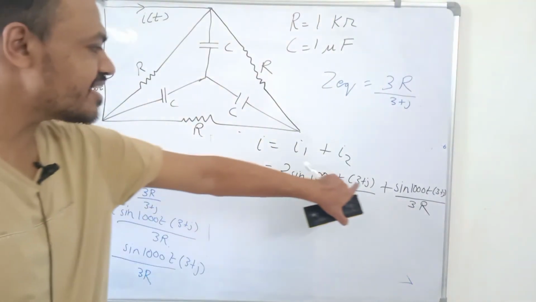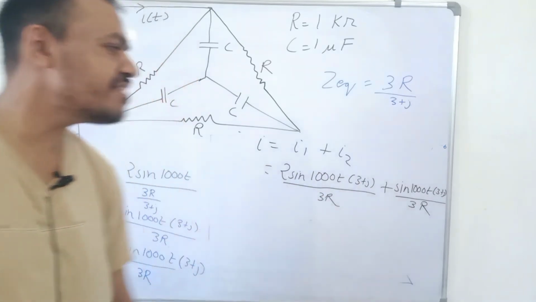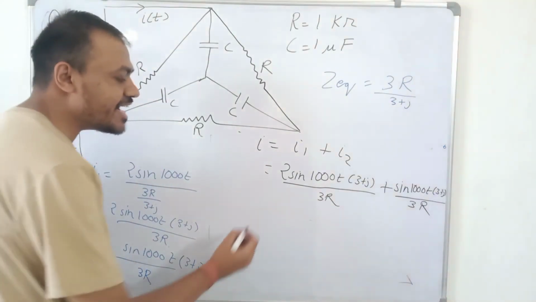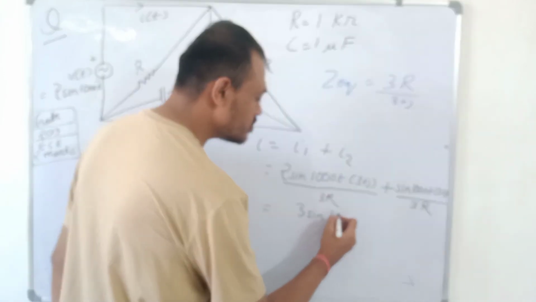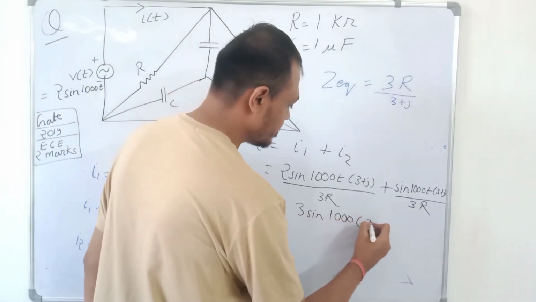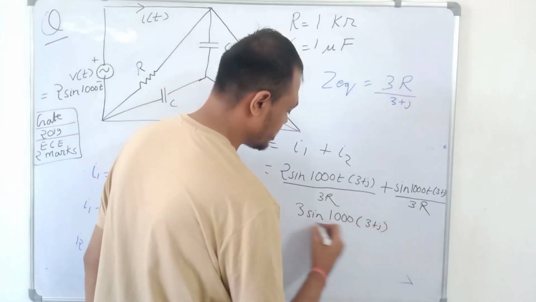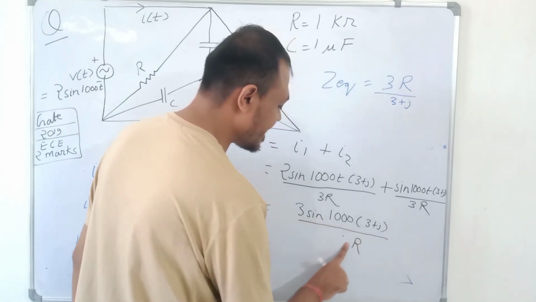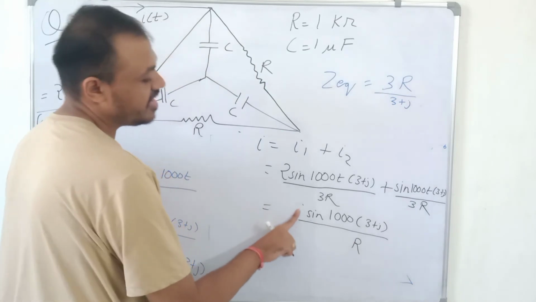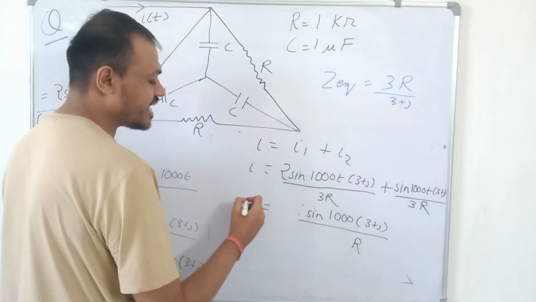So 2 sin 1000 t (3 plus j) and sin 1000 t (3 plus j) will add up. So it will be equal to 3 sin 1000 t (3 plus j) upon 3R. The 3 and 3 will get cancelled. So this is the value of current I.